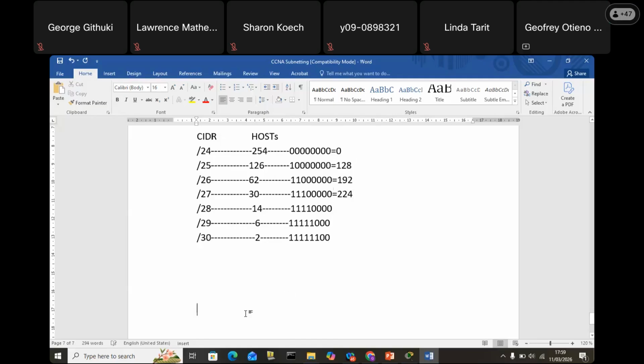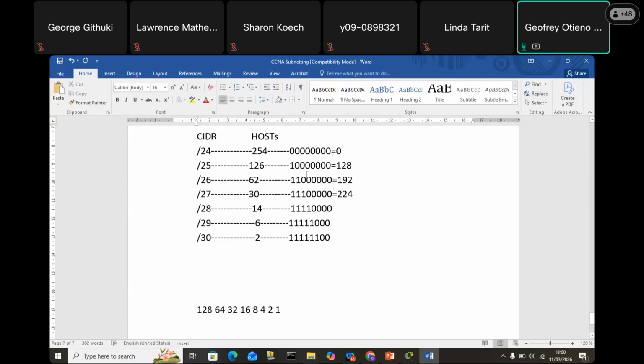So 2 raised to 7 is 128, followed by 2 raised to 6 is 64, followed by 2 raised to 5, 32, followed by 2 raised to 4, 16, 8 is just half of the other one, then 4, 2, then 1.